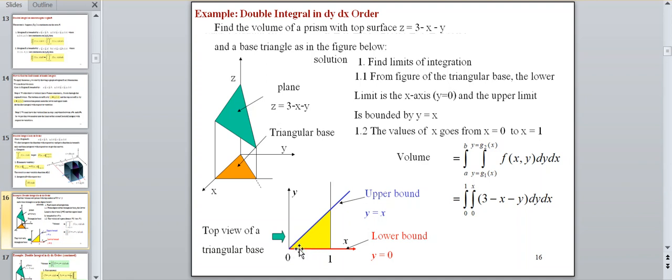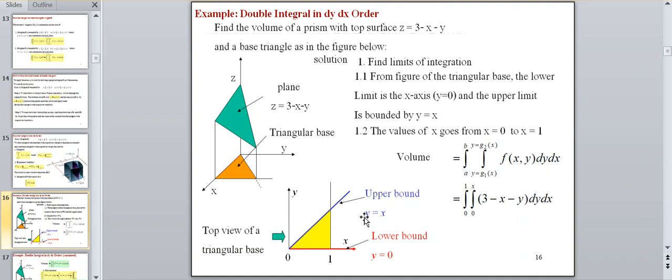Look, this is our base, region R here. Do you agree with me? To describe this triangular region R, I can say x is from 0 to 1, right? And y is from this lower curve. What is this lower curve? It is y equals 0. So y is from 0 to the upper curve. What is this upper curve?